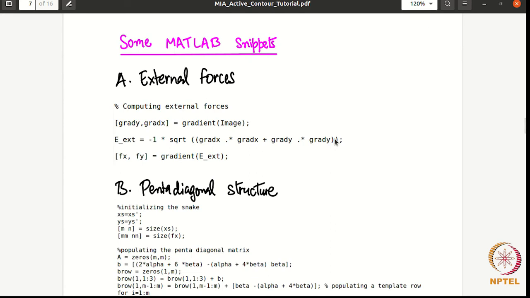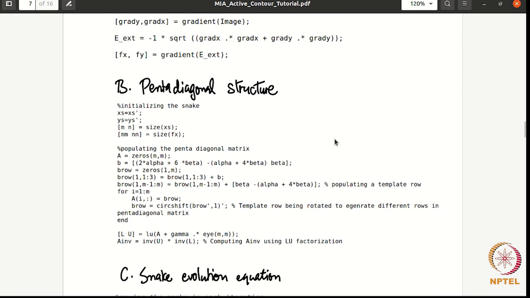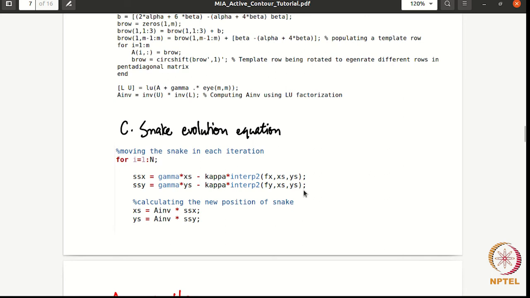Also, this is the code for the pentadiagonal structure, and this is the snake evolution equation. The thing is, there are many implementations of snakes available online.